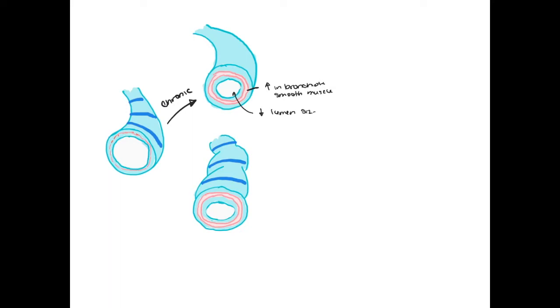And in terms of signs and symptoms, this is going to lead to a couple of things. Often when we are looking at the asthmatic patient, we see things like exercise intolerance. When the person attempts to exercise, they have an inability to do so because it exacerbates their signs and symptoms too greatly.